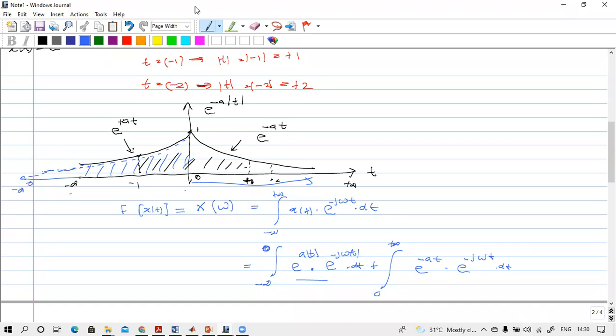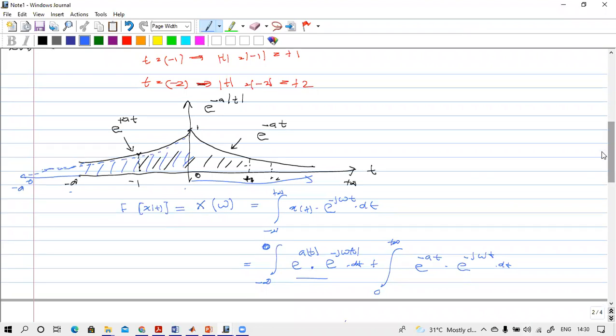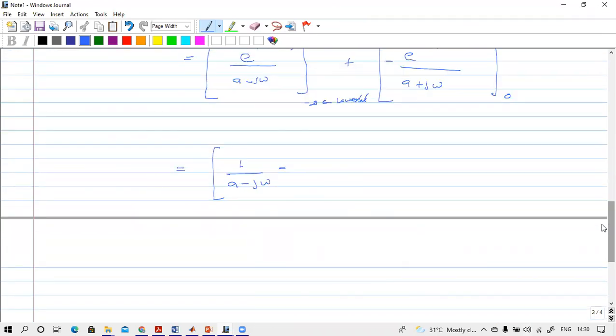So if you apply the lower limit minus infinity, the value will be 0. And if we consider this one, here we have the minus sign, so we will consider that as minus 1 also.